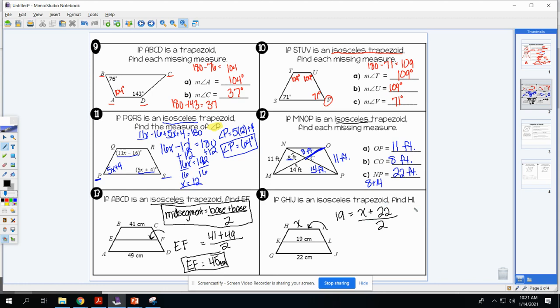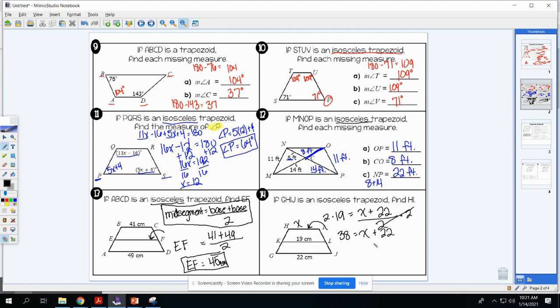We don't remember exactly what we need to do here from algebra last year. So the first step in solving for x is actually going to be to multiply both sides by 2. That's because our x is being divided by 2, so we've got to get rid of that division. So we would multiply both sides here by 2.